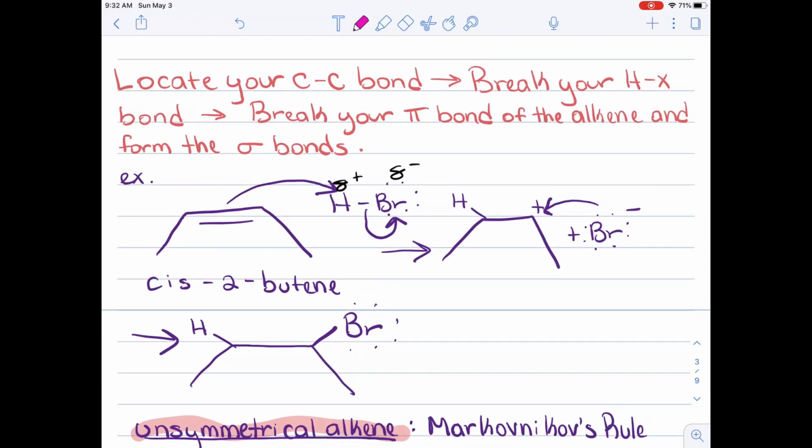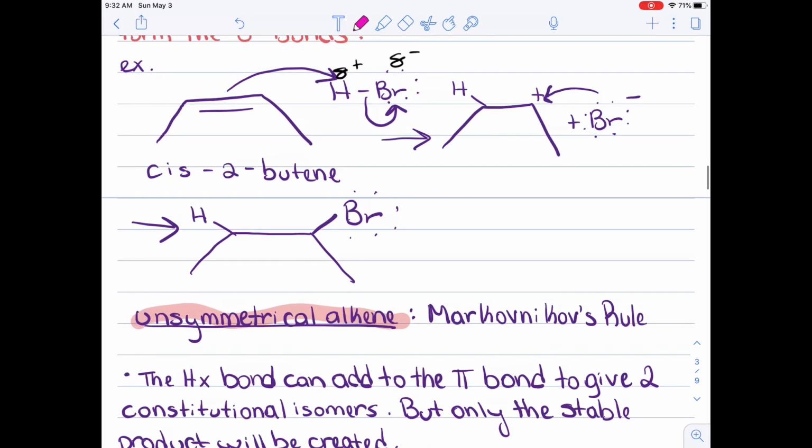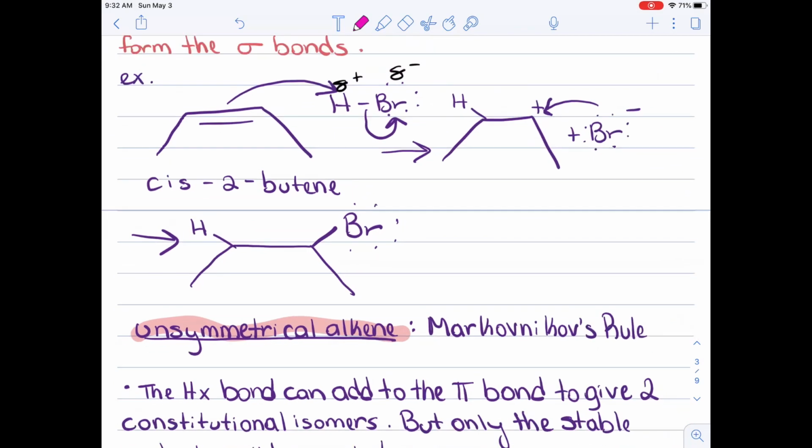So in this example, the double bond is taking your hydrogen, giving the electrons back to bromine, and now you have a cation. Bromine is going to want to bond to that cation and then form your final product.